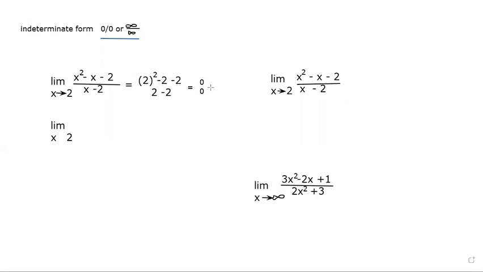This is indeterminate form. And it's basically telling us what? We cannot determine the limit at this point.